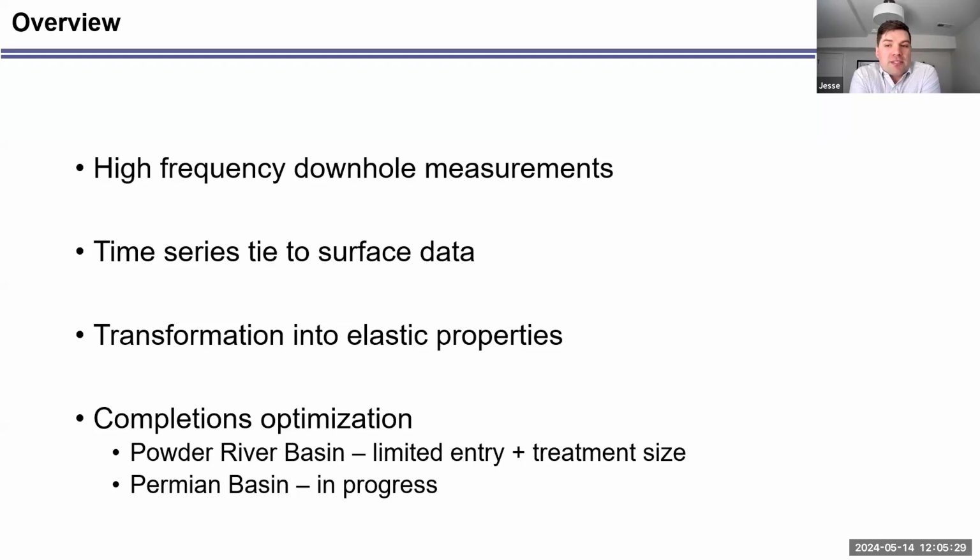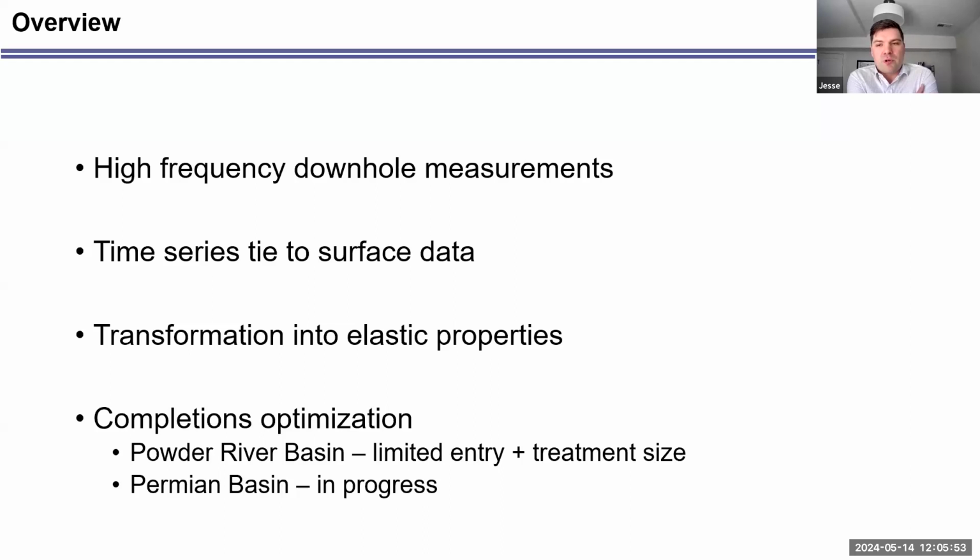Both of these case studies are publicly available. There are papers published on both of them, so you can go and do more research on exactly what happened. Basically, we have a Powder River Basin completions study that used limited entry and then adjustments to their treatment size based on the downhole measurements.